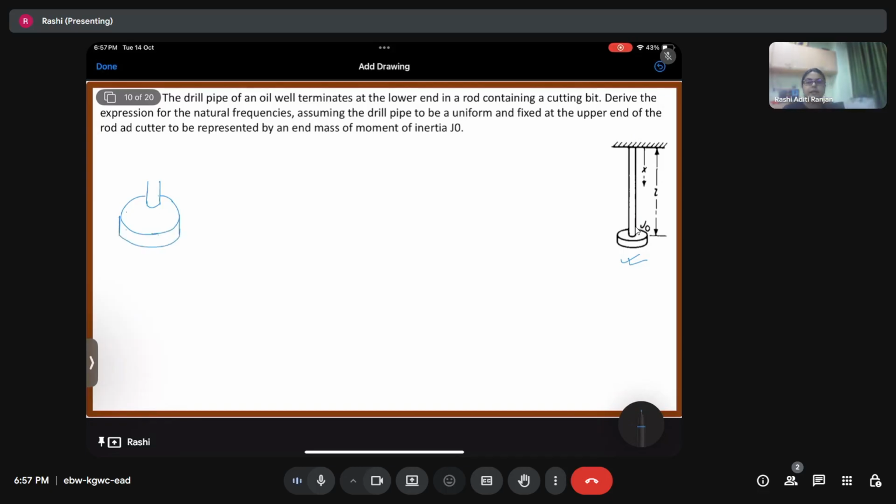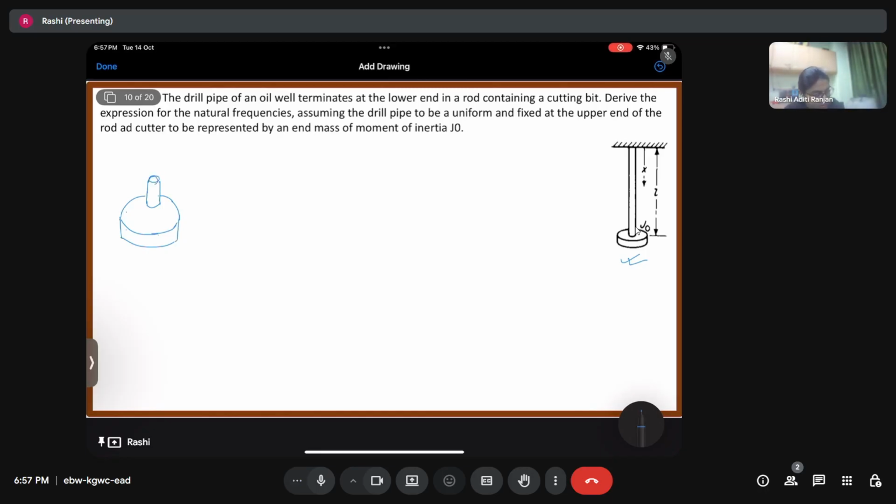There's the cutter, something like this. Right. Now, if you look over here, that's with the cutter, what is actually happening, right?